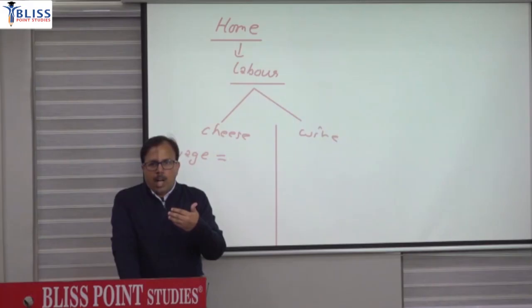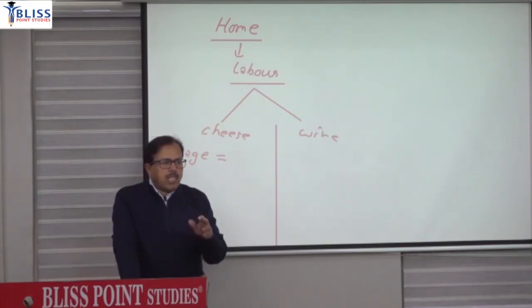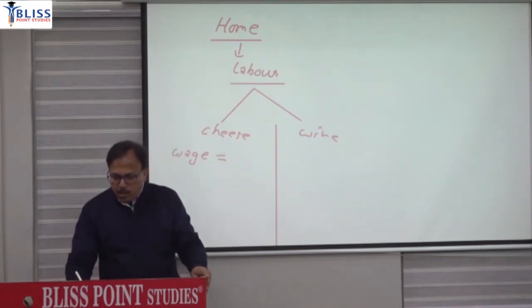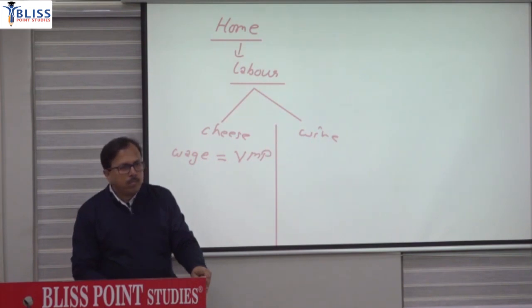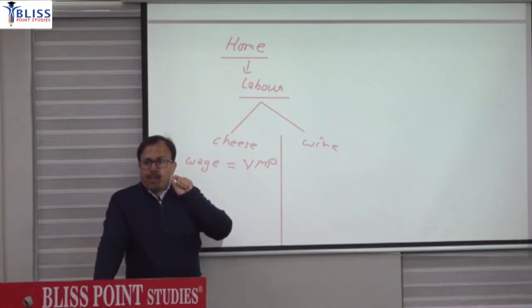Productivity means how much quantity you produce in 1 hour. But wage has to be given in terms of money. So we calculate the value of that marginal product, which is technically called the value of marginal product. So the worker's wage will be equal to the value of marginal product.